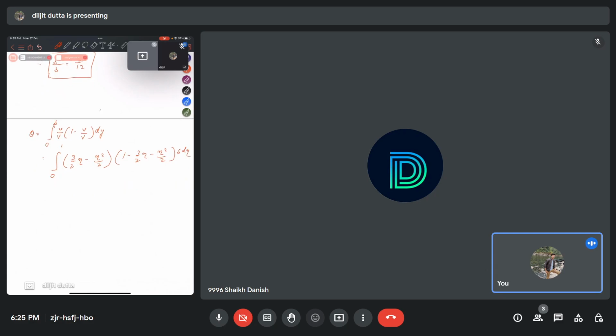If we take delta out and take it to the denominator, theta by delta is given as the integral from 0 to 1.